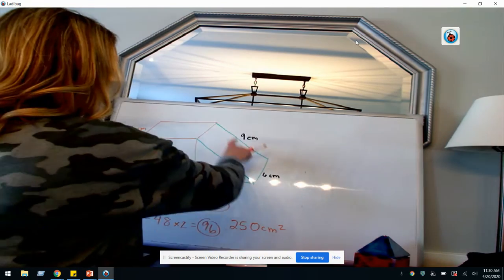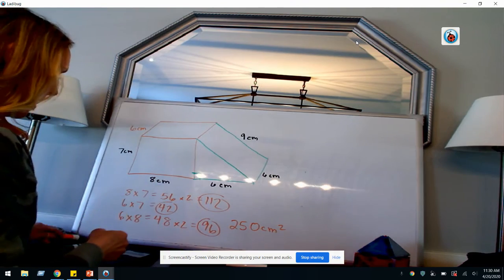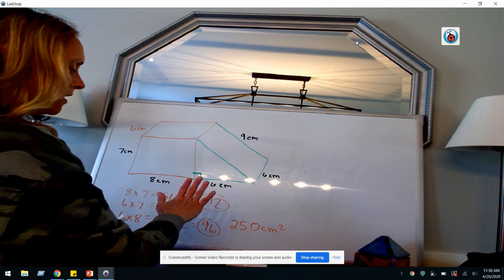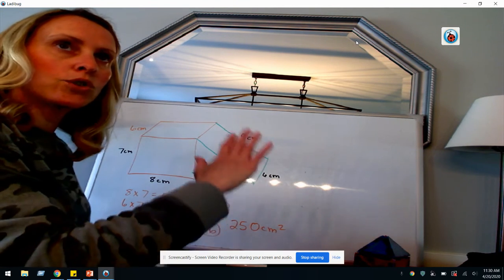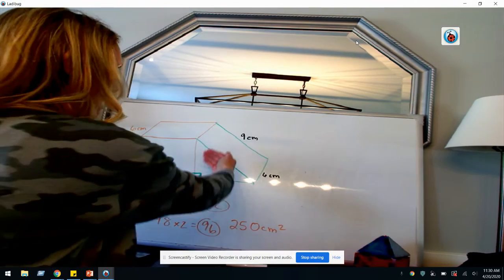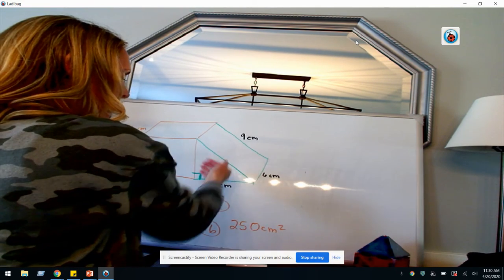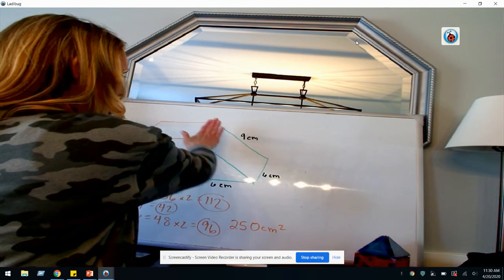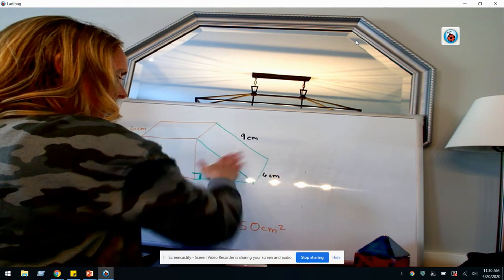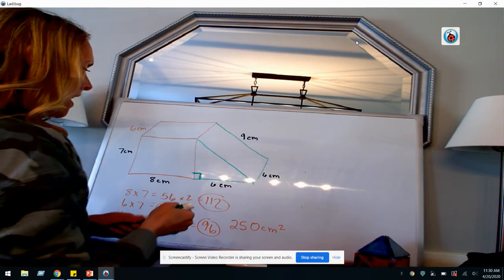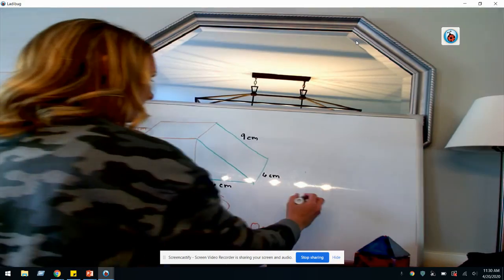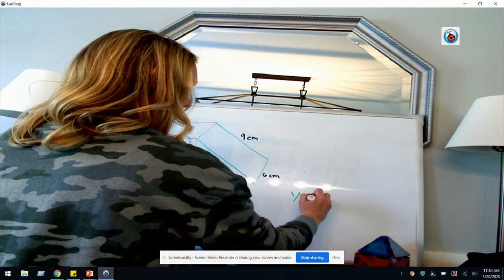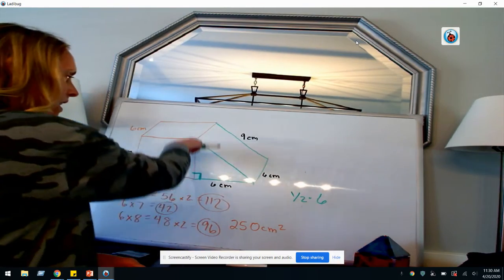Now I'm going to add in my green shape. Here it's a triangular prism, right? I've got a triangle on each side here, and then I have a bottom, and then this part. All right, so my triangle has a base of 6, so 1/2 times base times height.